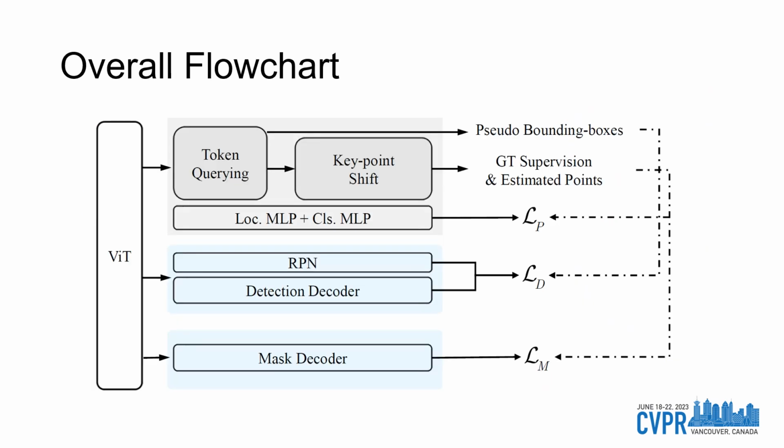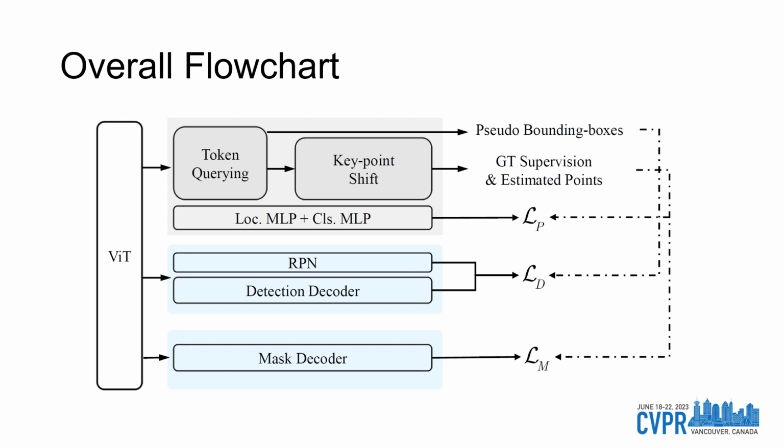This is the comprehensive flowchart of attention shift, which adopts the Mask R-CNN framework. In this approach, we consider the key points of each object as pseudo-ground truth points to provide supervision for the mask decoder. To generate the pseudo-bounding boxes, we enclose the self-attention map for each object with tight boxes.